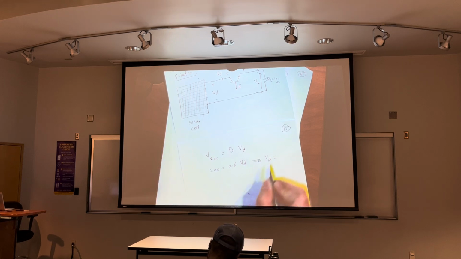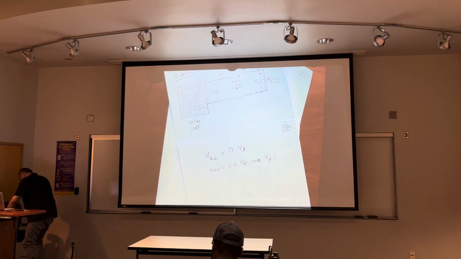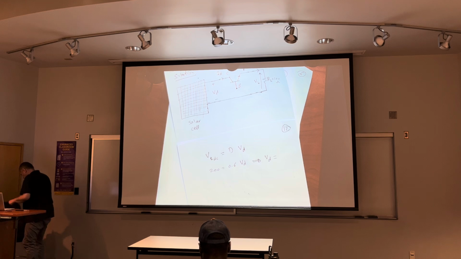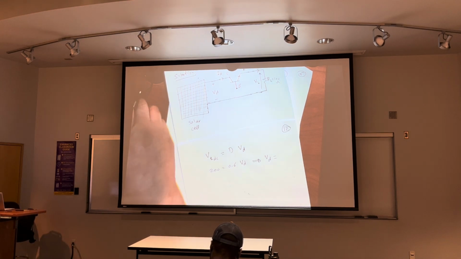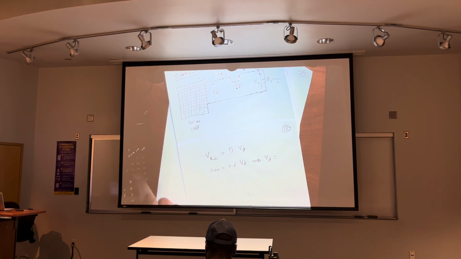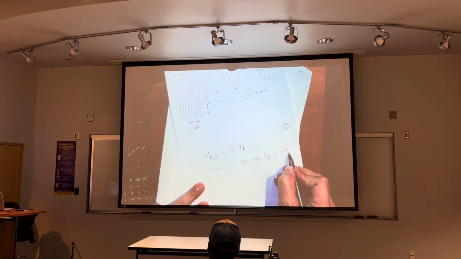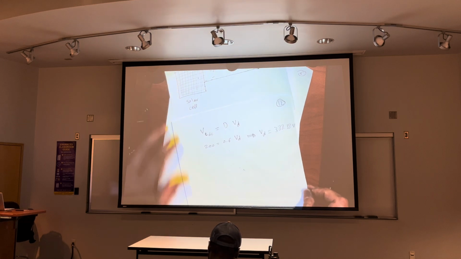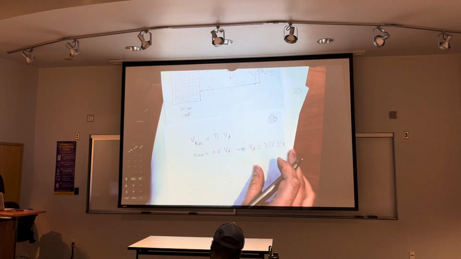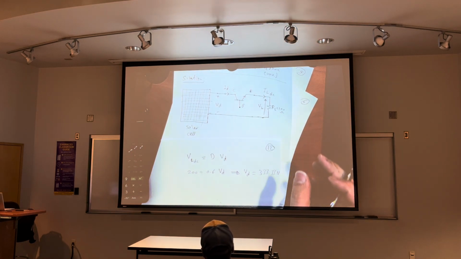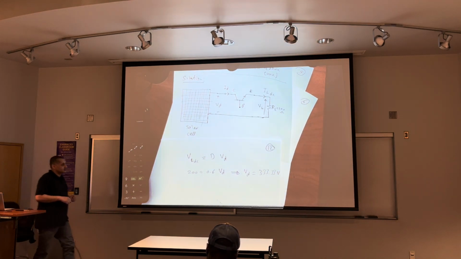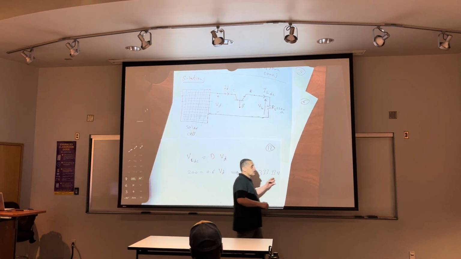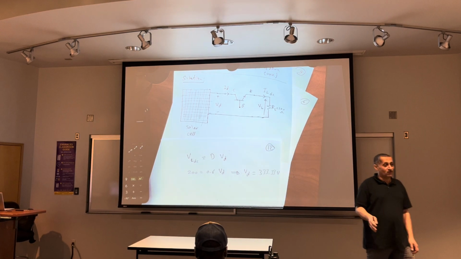So VD equals 200 divided by 0.6, which is 333.33 volts. So we need a solar cell to generate 333.33 volts.